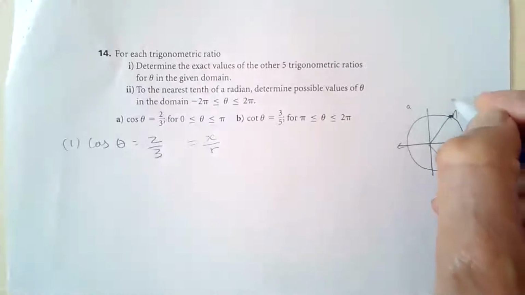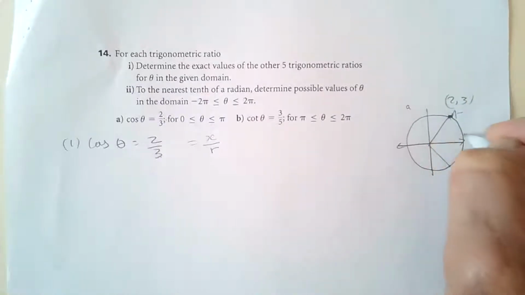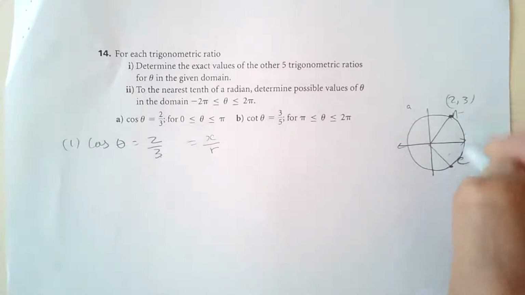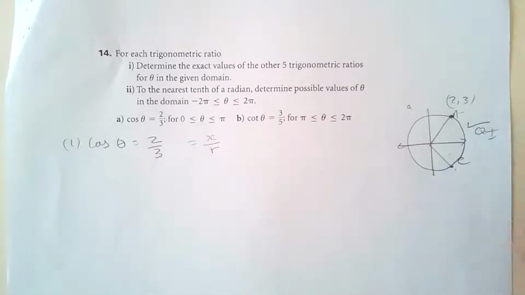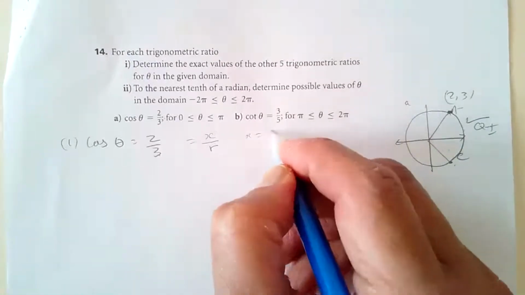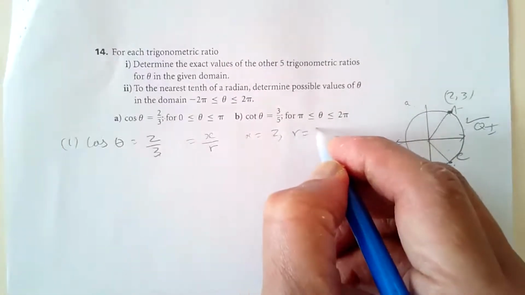So here we have the point 2, 3. Now we're dealing with only quadrant 1, because over here the x is negative, so we're only going to deal with quadrant 1. That tells me I'm working in quadrant 1 only. So we have x is equal to 2, r is equal to 3.